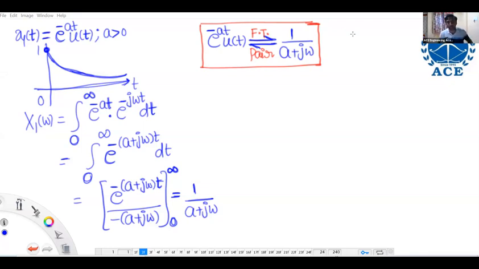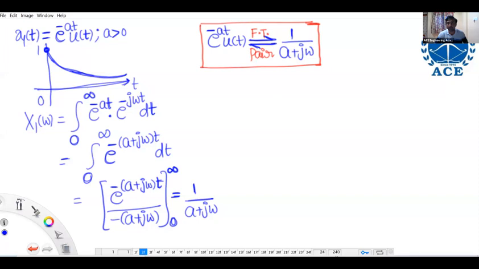You also say with me the relations which we are deriving today. You must habituate to these formulas, otherwise it will be very difficult. Either you are EC or instrumentation, be thorough with the relations. Tell me everyone, what is the Fourier transform for decaying exponential? 1 by a plus j omega.